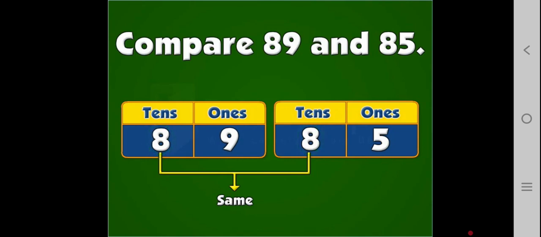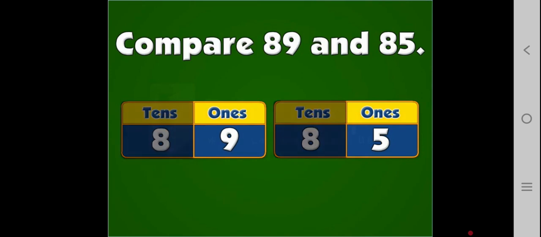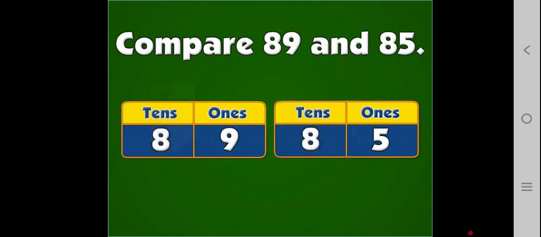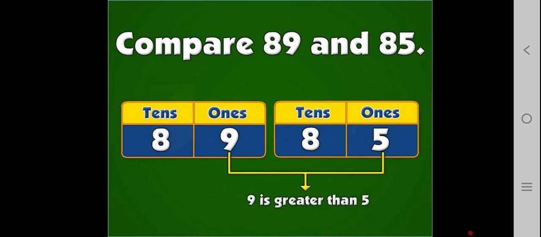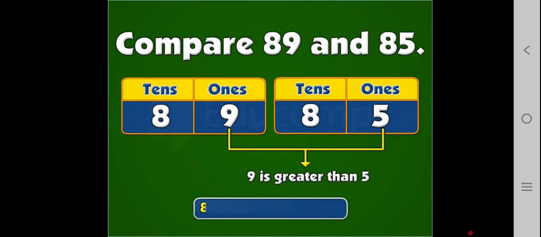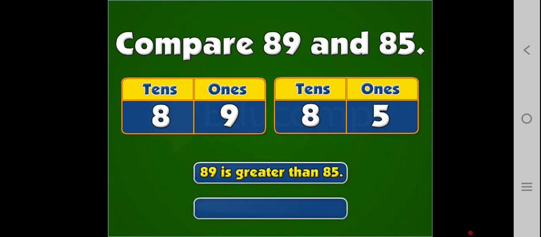The second part of this method says, if they are the same, then compare the number in the ones place. In this case, if we compare the number in the ones place, 9 is greater than 5. So, 89 is greater than 85. This also means that 85 is smaller than 89.